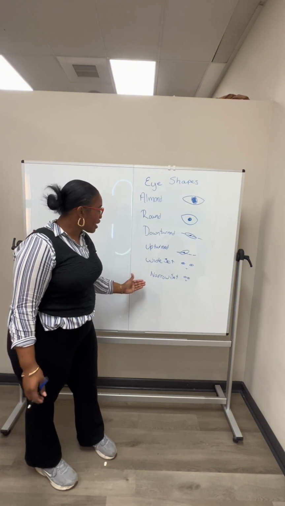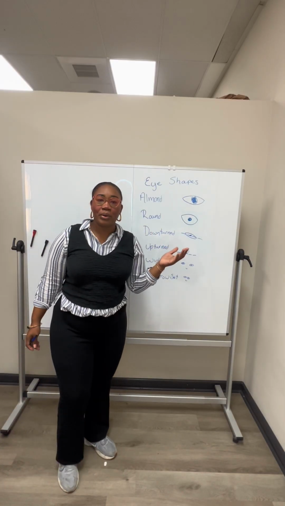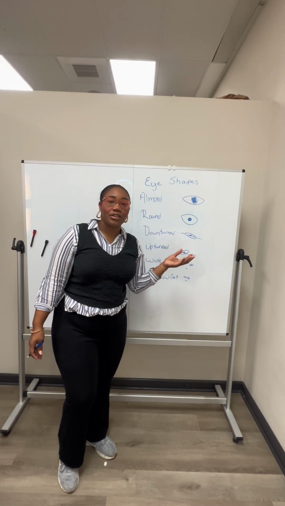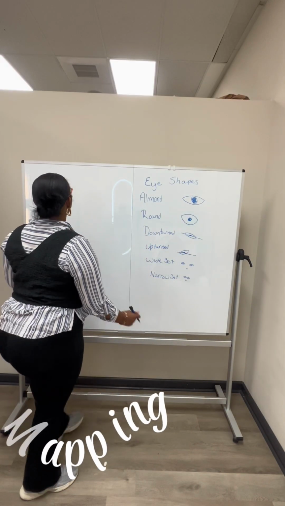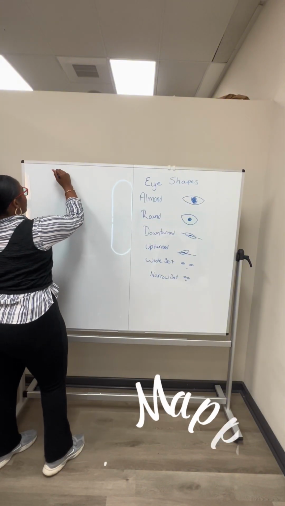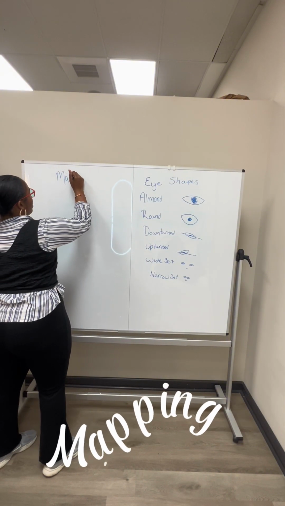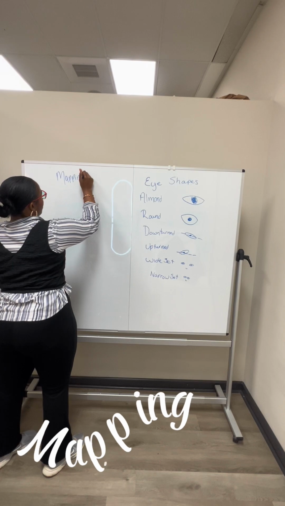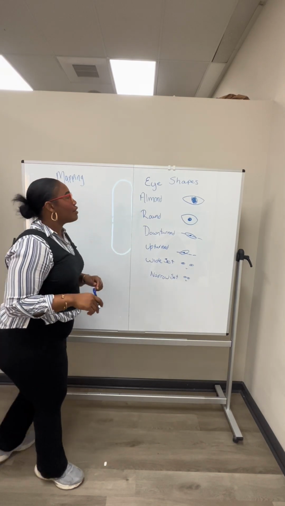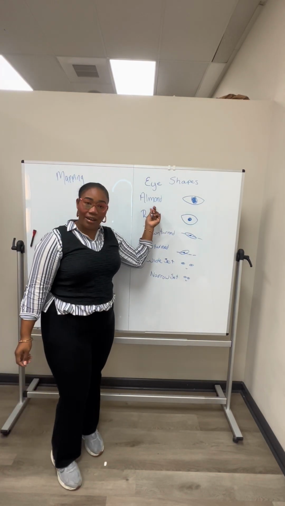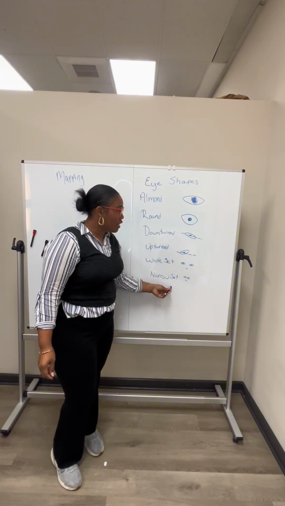With all of these eye shapes, we have to go with what maps are going to look best on who. So let's say someone has almond eyes, but they have a narrow set.